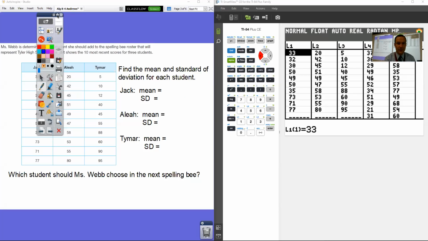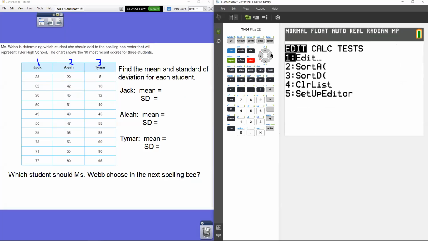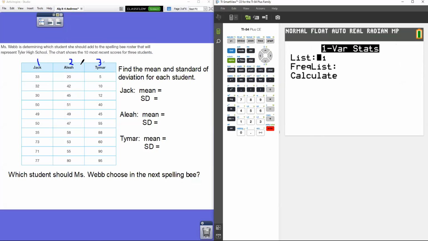So I went through earlier today, and I typed all my data in for L1, L2, and L3 for Jack, Aaliyah, and Timar. So the directions say find the mean and standard deviation for each student. Remember, the way that you do this is you go to Stat, go over to Calc, one variable statistics. We want L1.